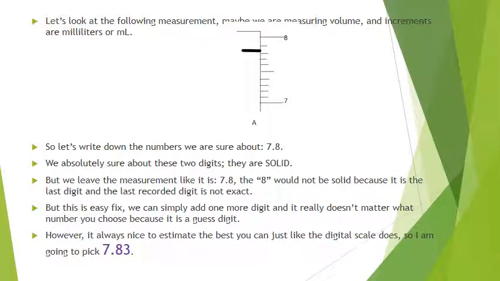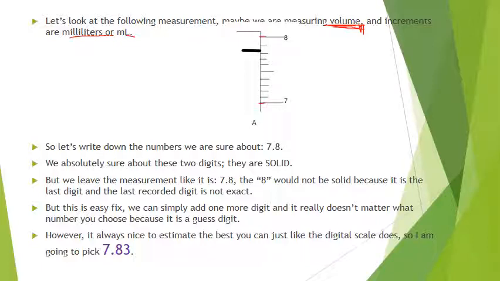So let's look at the following measurement, and let's say it's measured volume, and hopefully you'll go over units. I'll go over units of measurement. We're going to measure in increments of milliliters, mLs. We're looking at maybe a graduated cylinder, going from 7 mLs up to 8 mLs, and it's split into tenths.